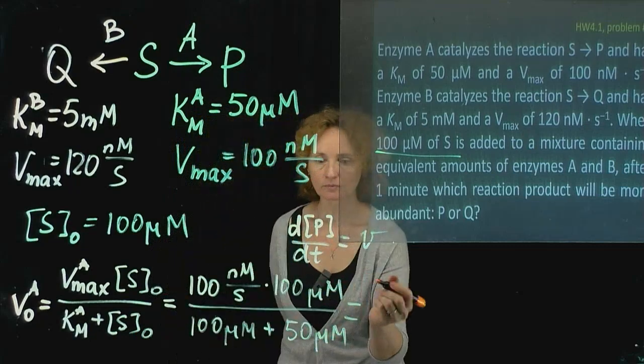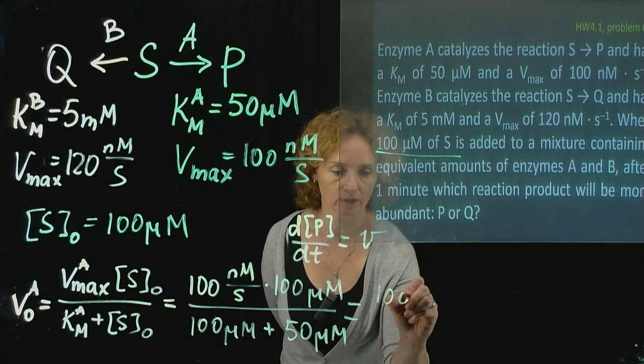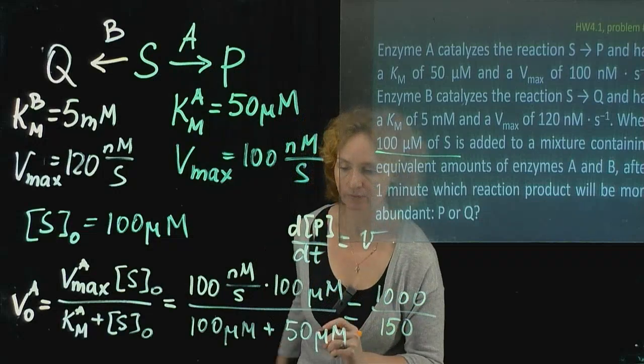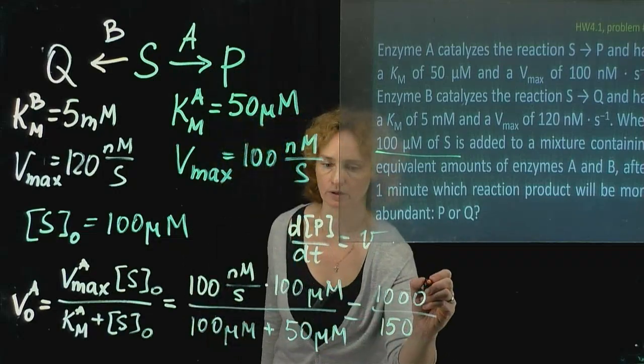So as a result, I will have 10,000 here divided over 150, right?